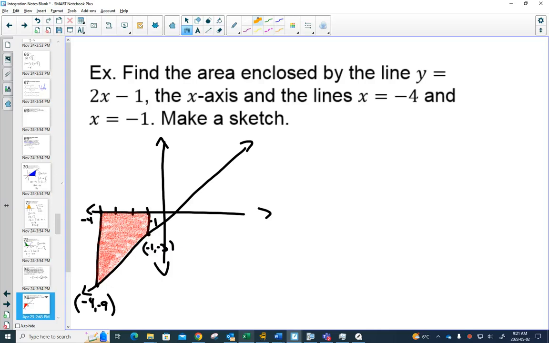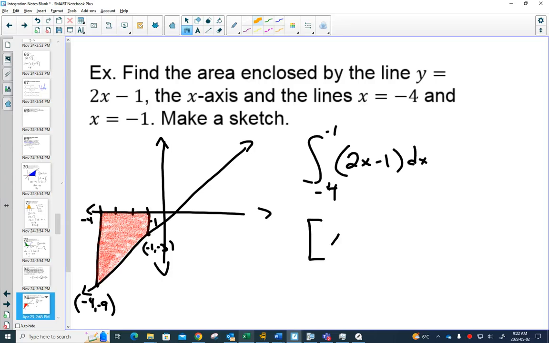Okay, I'm back. So we want to find the integral from -4 to -1 of 2x minus 1 dx.